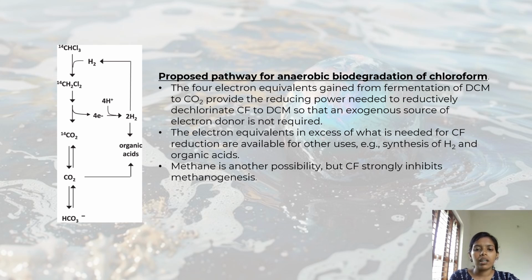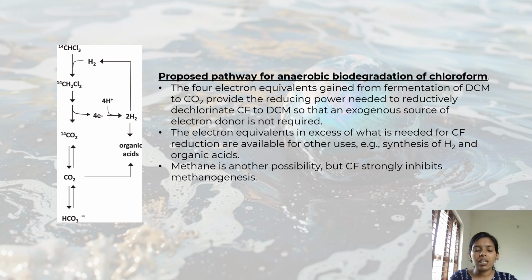The reducing power needed to dechlorinate is produced from the fermentation of the DCM to carbon dioxide. Further, the DCM produced from the chloroform is converted into carbon dioxide or carbonate ions.